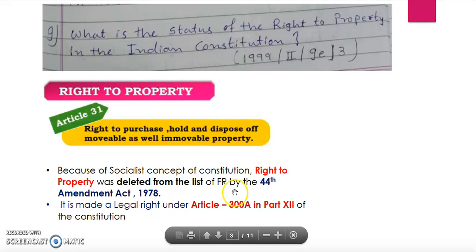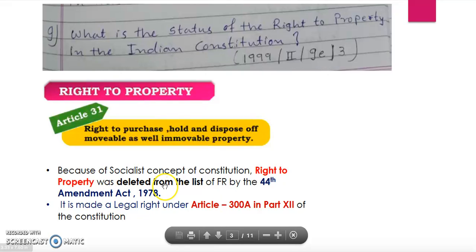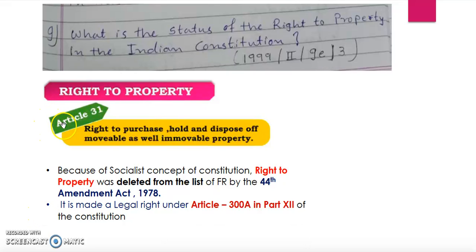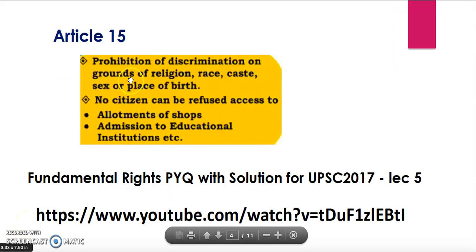Remember, fundamental rights are also amendable, but only in some specific conditions. Because of the socialist concept of the Constitution, right to property was deleted from the list of fundamental rights by the 44th Amendment Act 1978. This is one of the most important parts; we have to remember this. This former fundamental right is now a part of Article 300A in Part 12 of the Constitution.